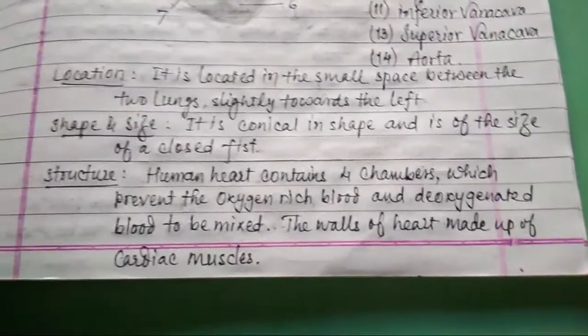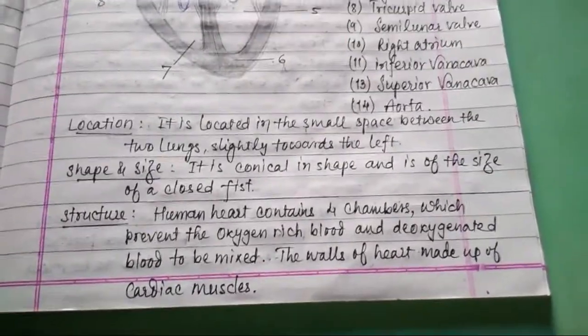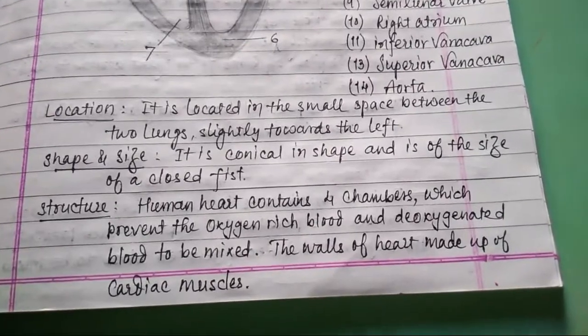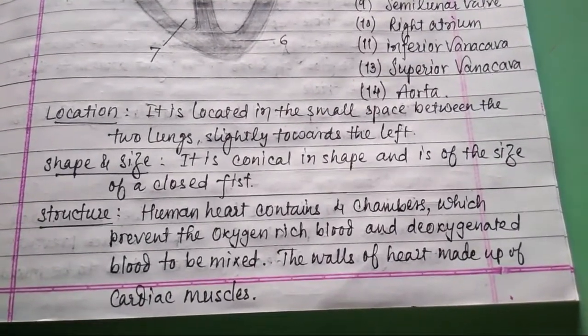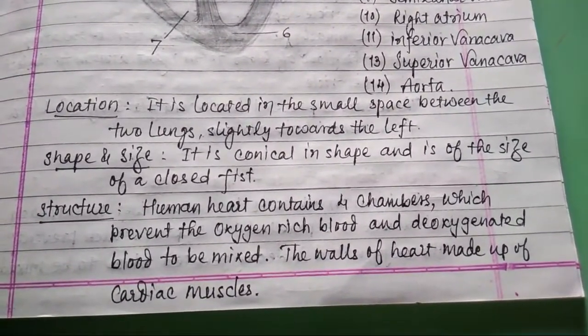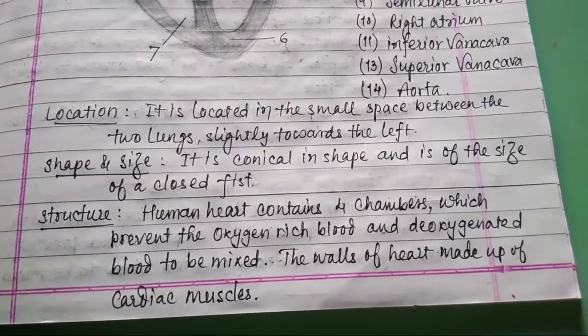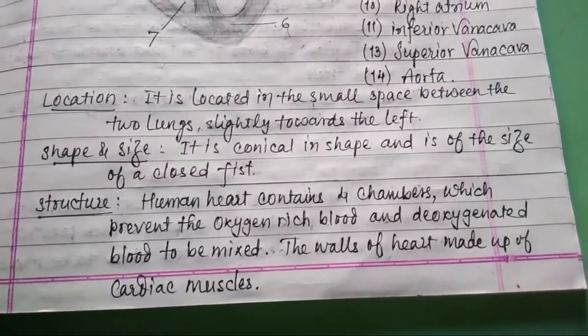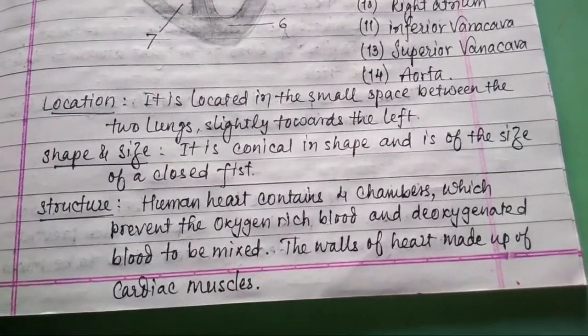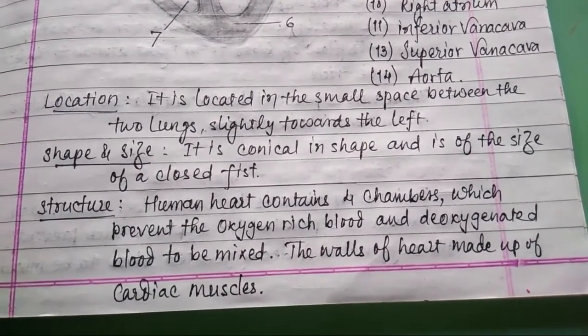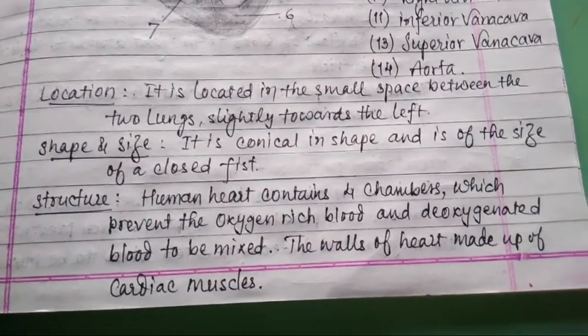Now, the location of the heart is in the small space between the two lungs, slightly toward the left. It is conical in shape and is the size of a closed fist.